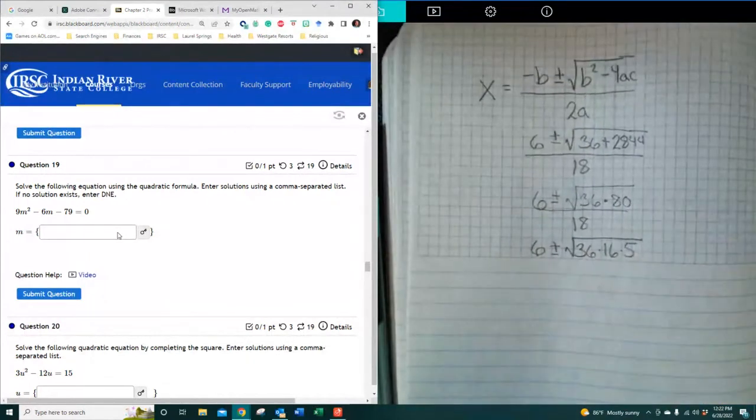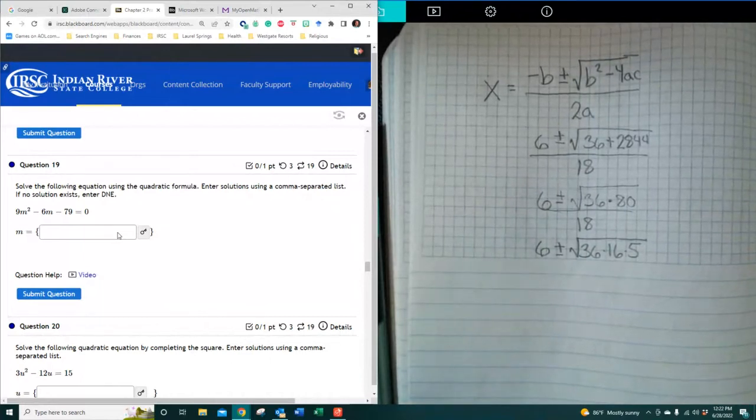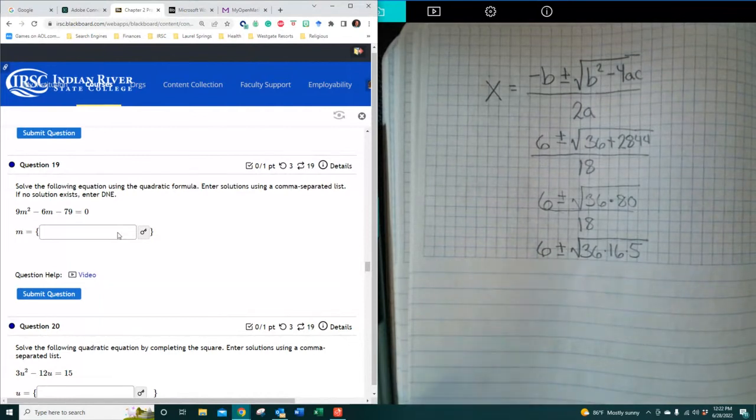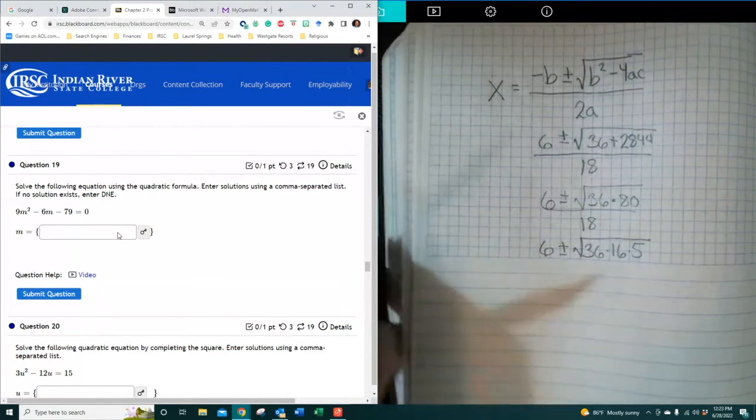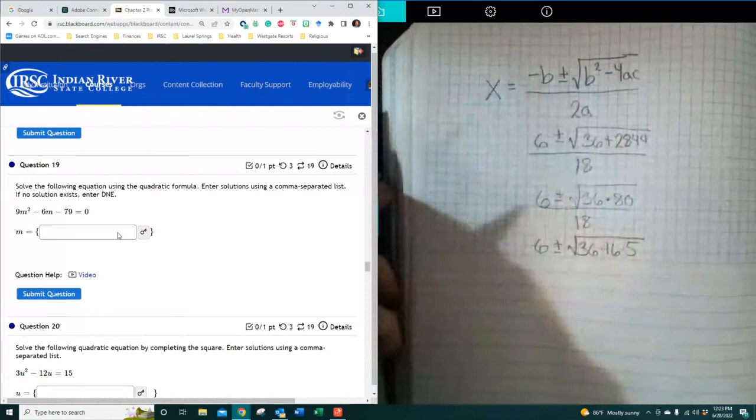Now, had we done this originally, we probably would have taken the 2880 and divided it by 5, and come up with 576, and you could take the square root of that. But we didn't know that. Who cares?